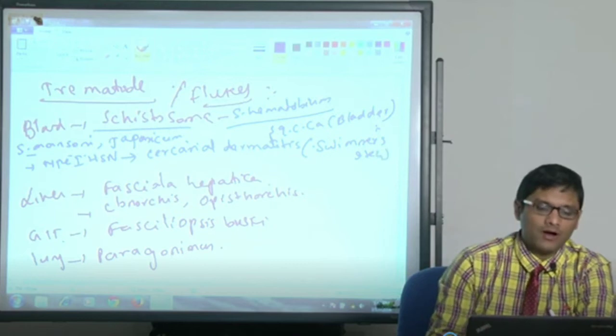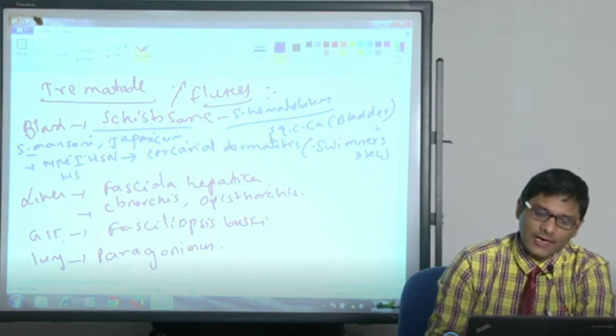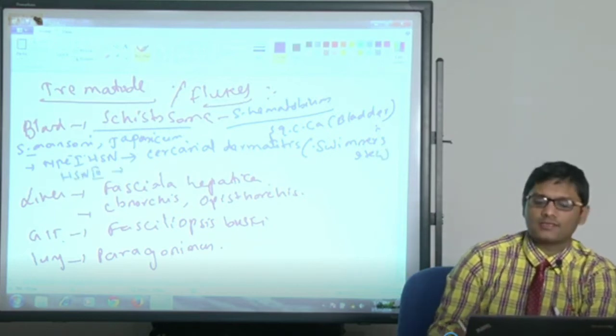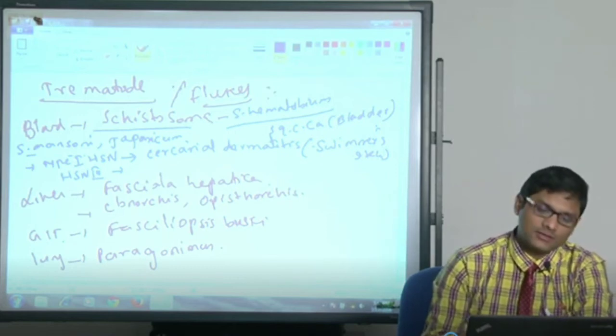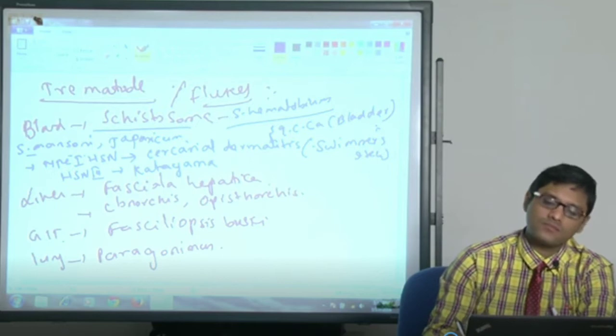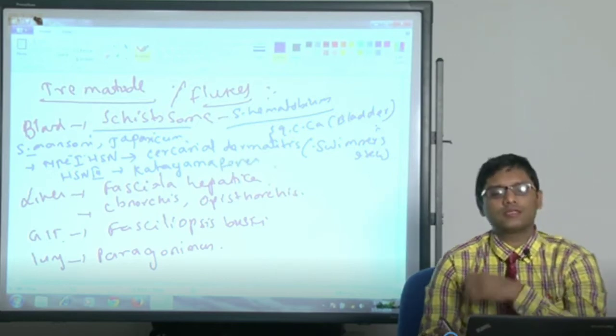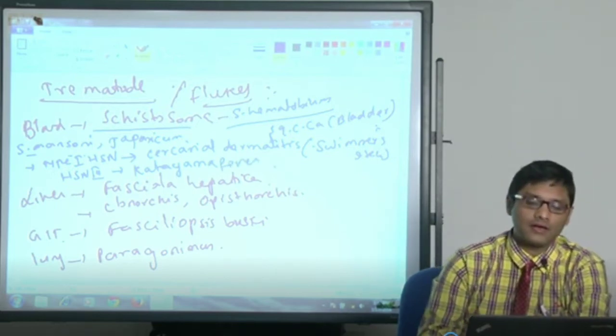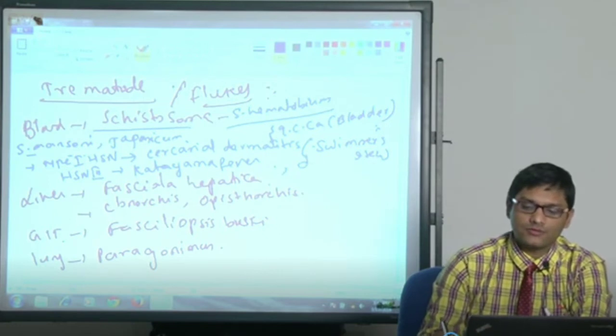At the same time they cause a type 3 hypersensitivity, a serum sickness kind of infection, called Katayama fever. So these are the important manifestations. Apart from that, they can cause dysentery also.